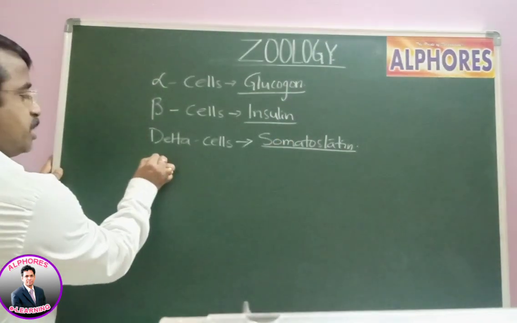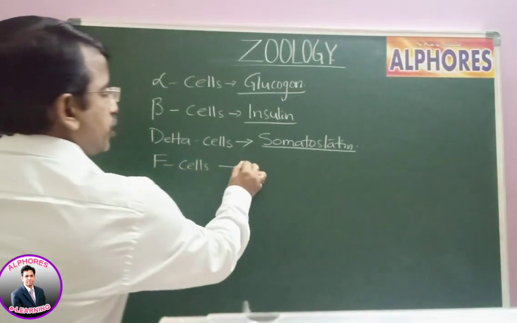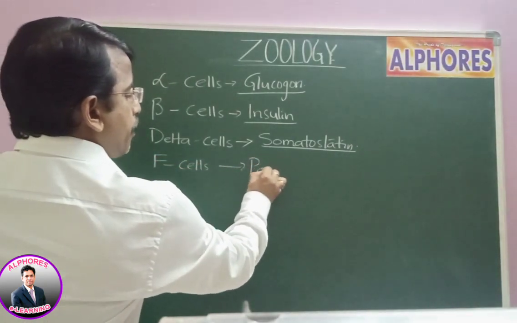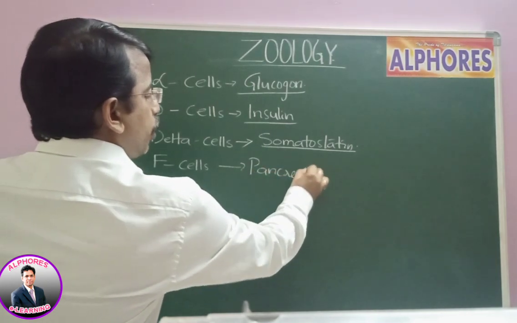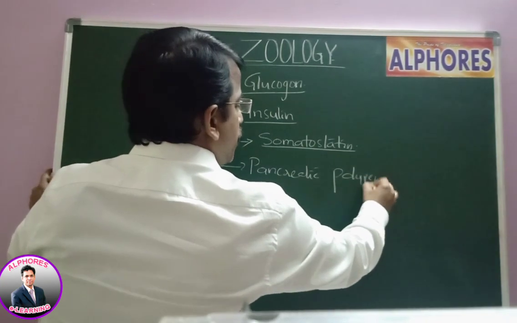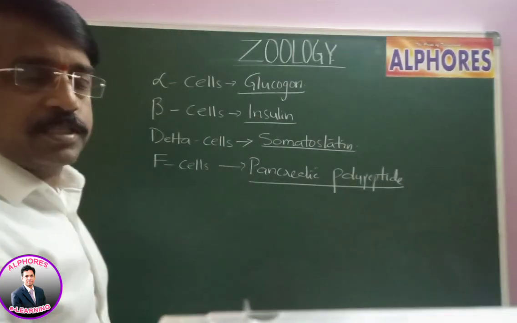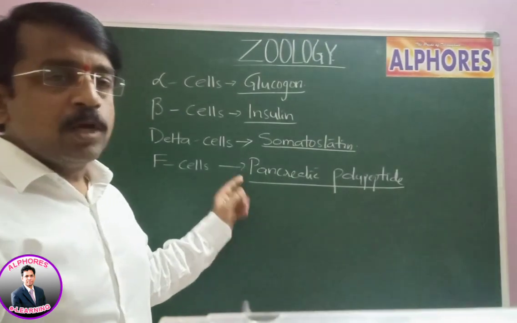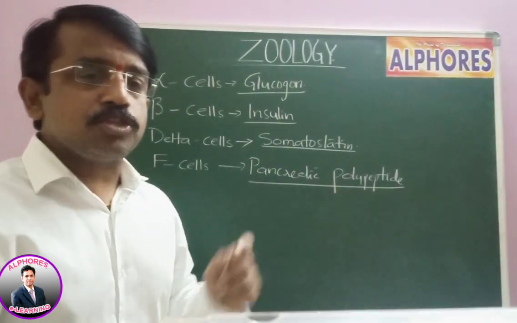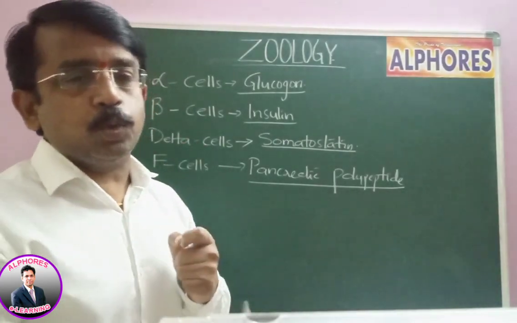The fourth one is the F cells, secreting pancreatic polypeptide, the hormone that regulates the secretion of pancreatic juice.